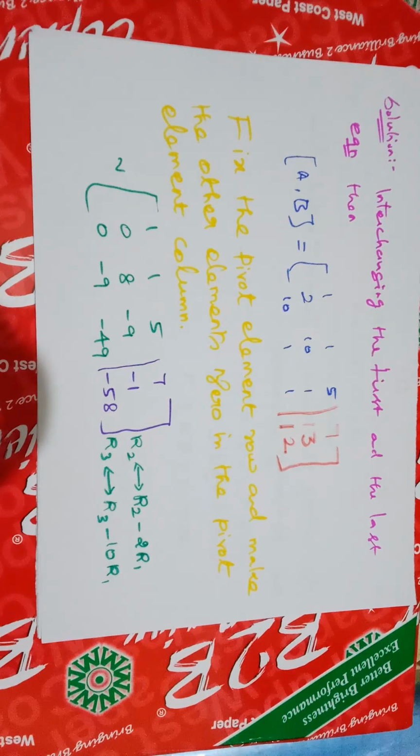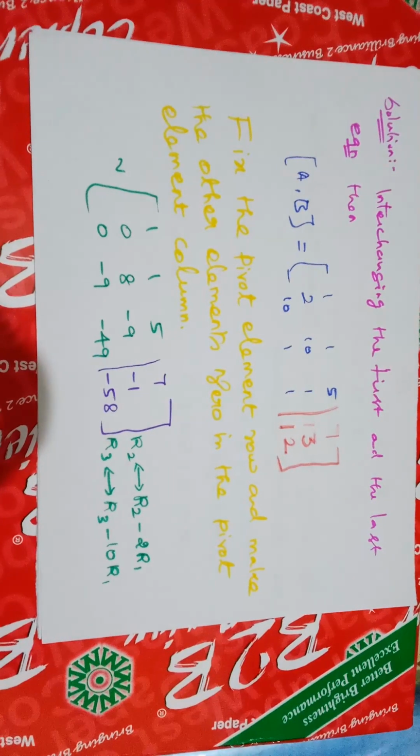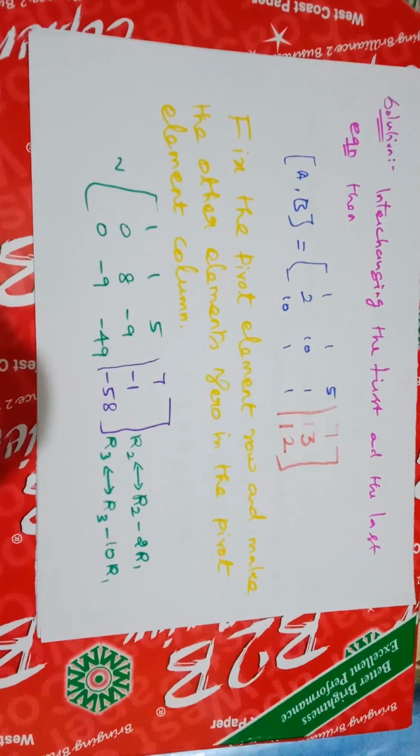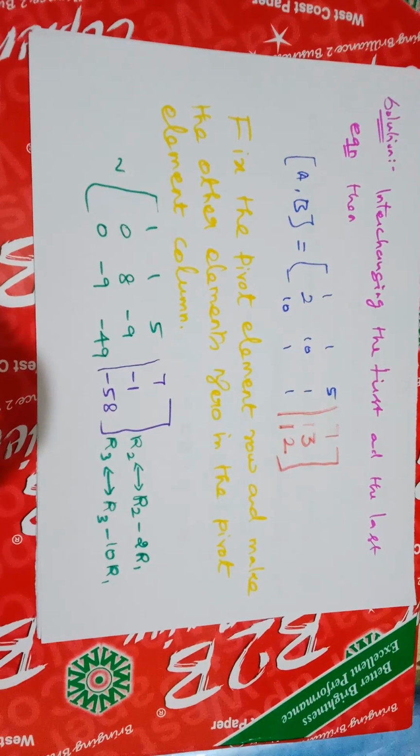Our aim in Gauss Jordan is that the left matrix should become upper triangular. Upper triangular means only the upper side values are available, but all the lower triangular places are 0.